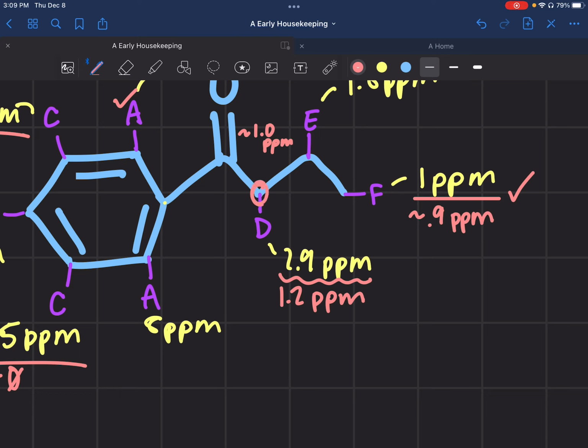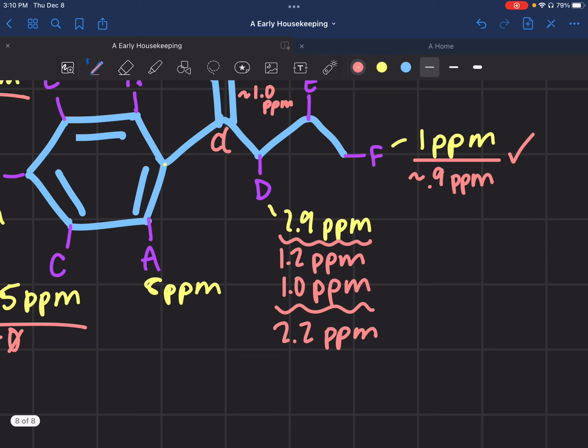Then we notice D is also alpha to a carbonyl group. If it's alpha to the carbonyl group, you're going to add the full value of that functional group, since it is directly connected. So we're going to add 1 ppm. That gives us roughly 2.2 ppm.